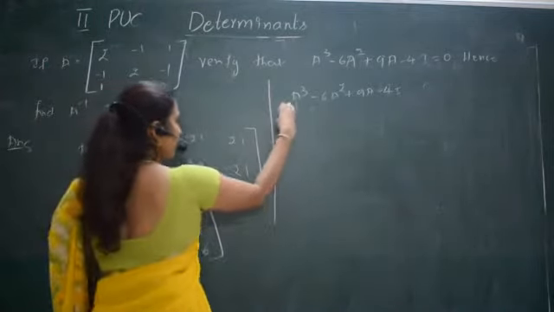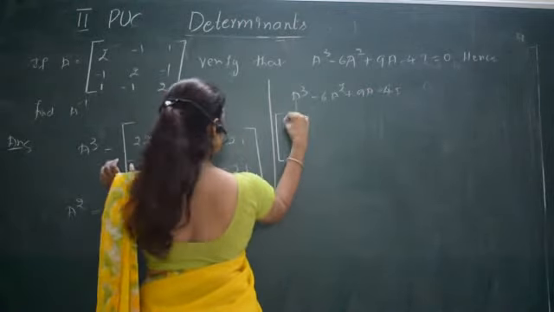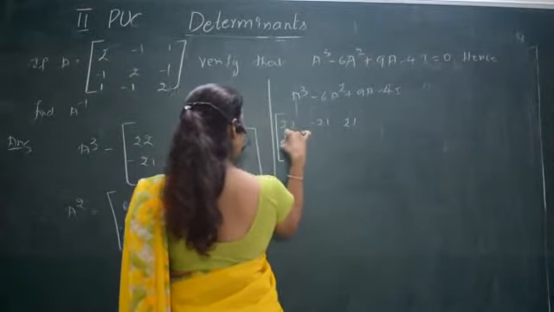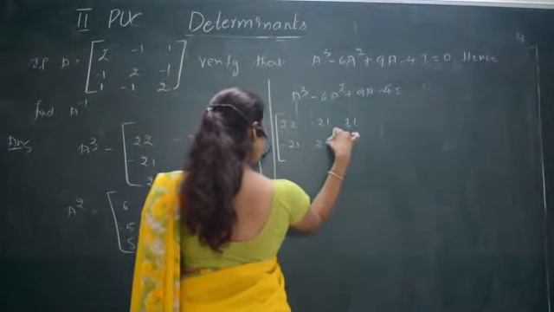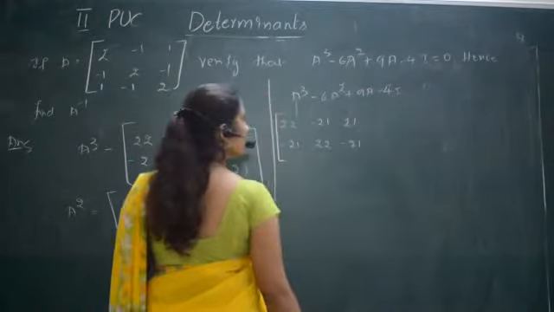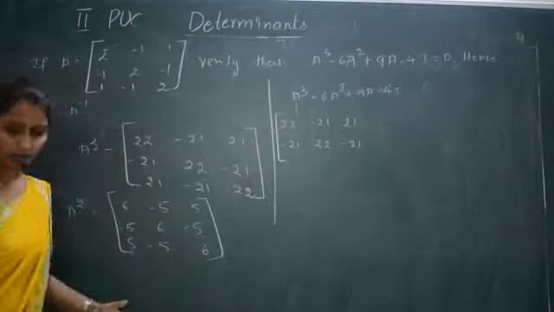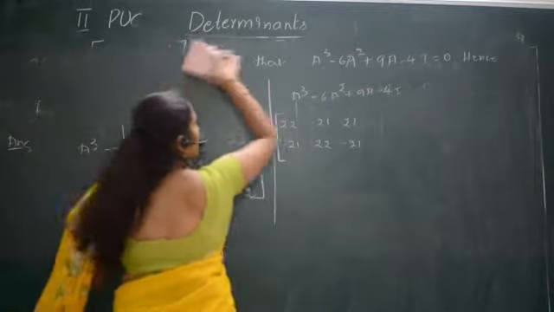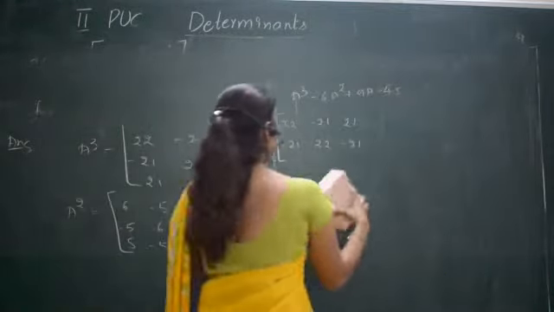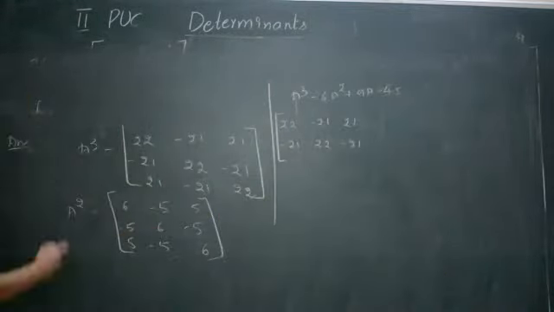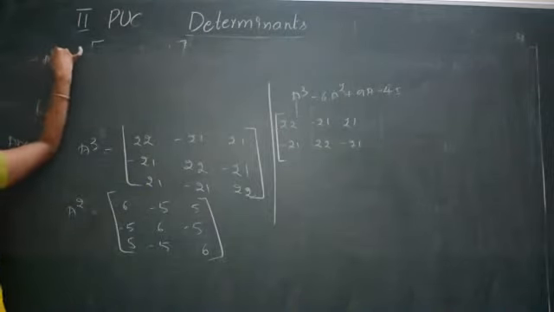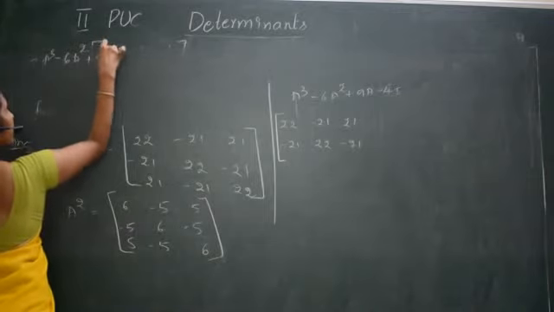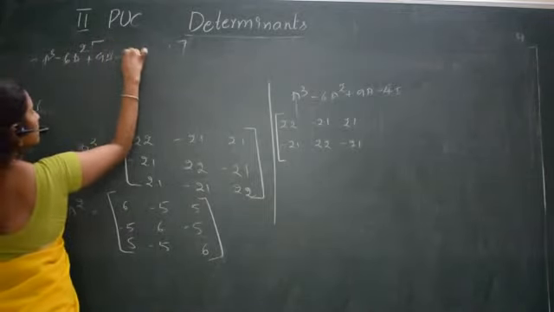So A cube, I'll write it together, otherwise I won't get the way. I'll consider here A cube minus 6A square plus 9A minus 4I.